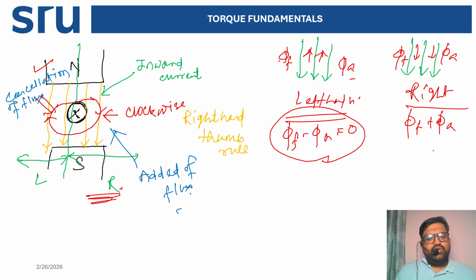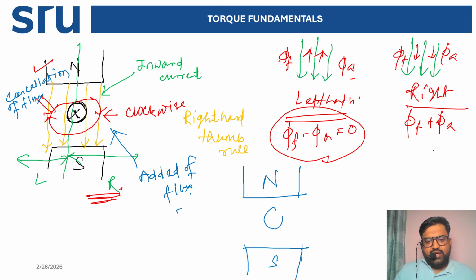Now, if I redraw the circuit, there is a north pole, a south pole, and the armature is in the center. The current direction is like that.